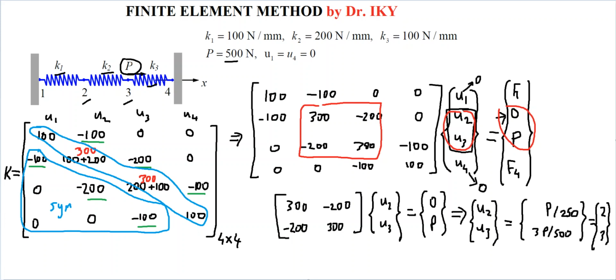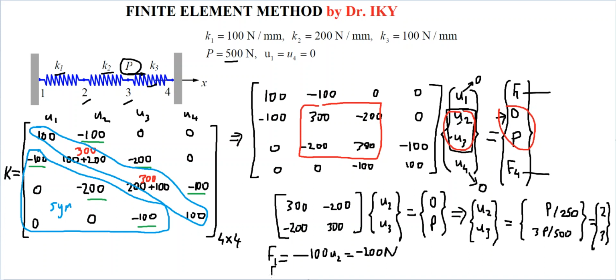And if you put that value in here, 2, 3, now you are able to solve for F1 and F4, which is going to give you F1 is minus 100 U2, which is equal to minus 200 newtons.